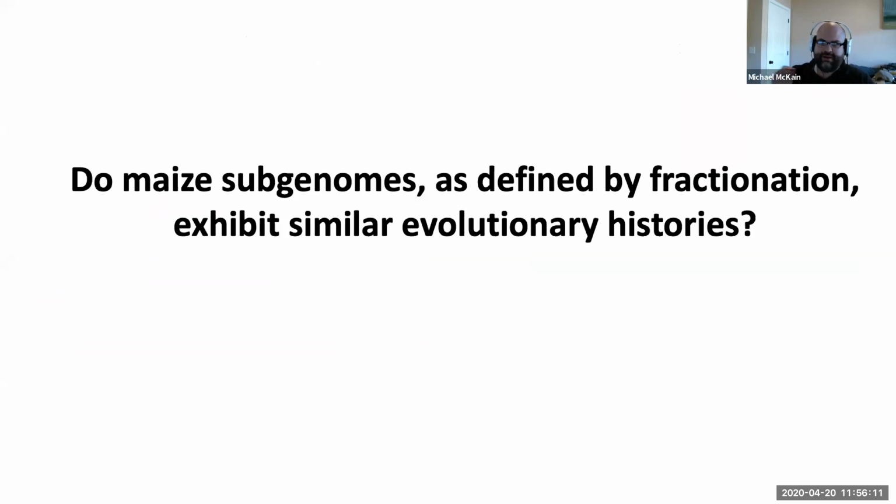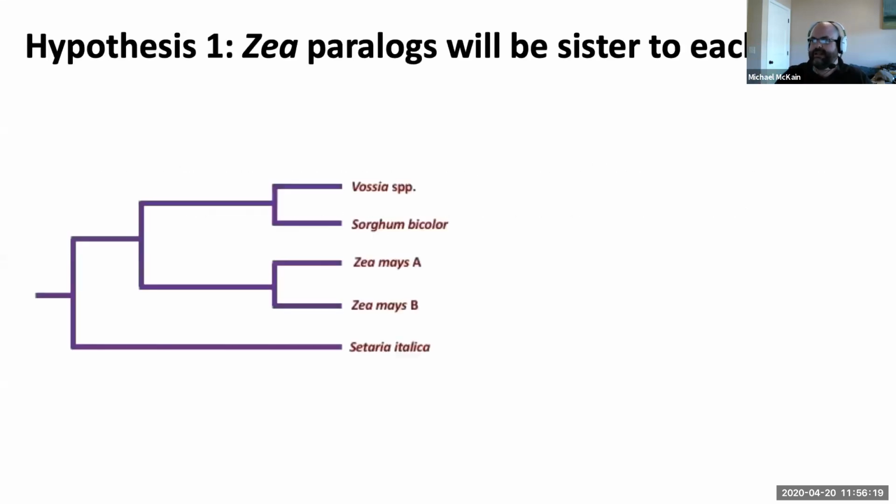So to get to this quick question, I'll wrap this up pretty quickly. What about this whole idea of how homoeologous exchange is affecting this? So we ask if Zea paralogs are sister to each other when we use whole genome sequence, so we're looking for something like this phylogeny here.